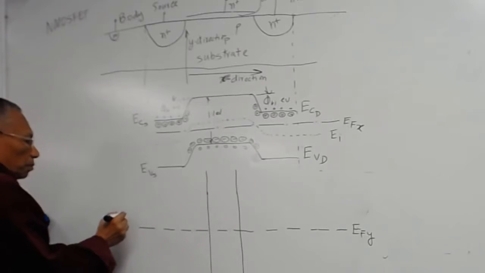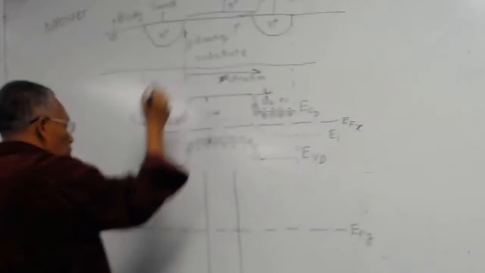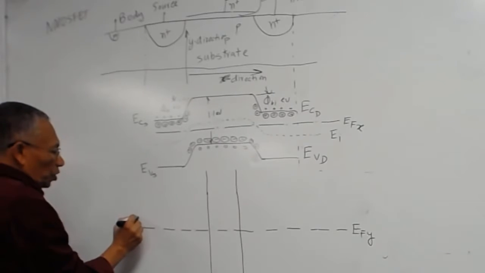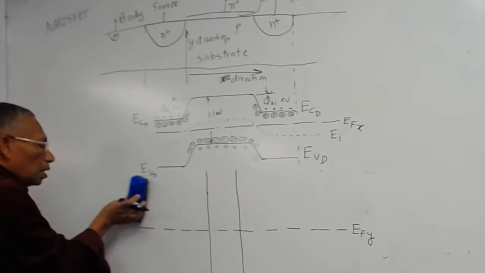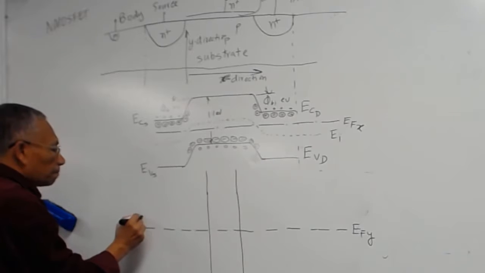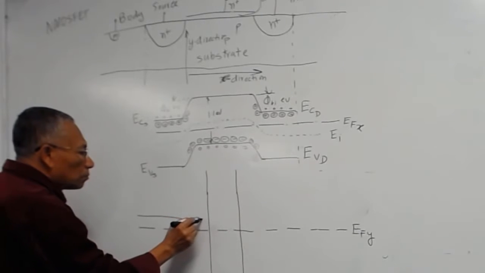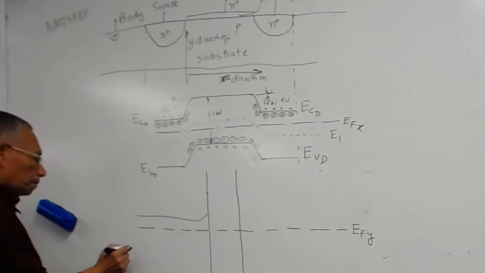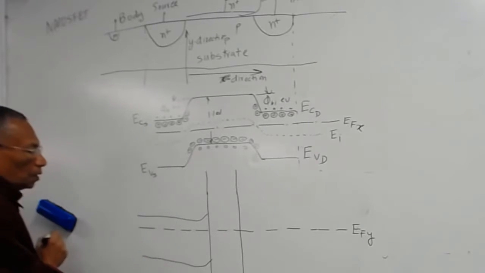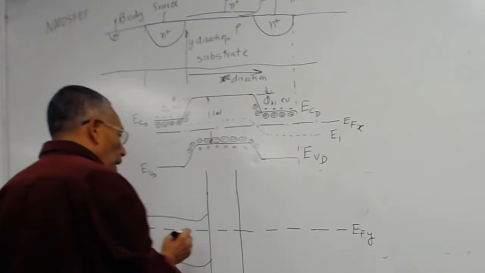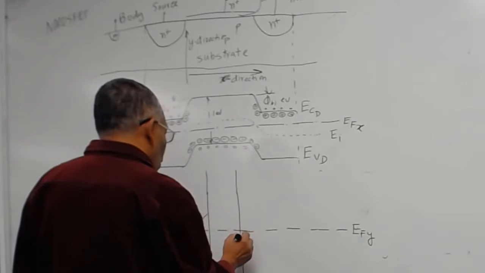It's balanced, everything in equilibrium. So this is the n region, so the conduction band will be closer to the Fermi level. So you can draw like this here. And this region will be closer to the valence band.